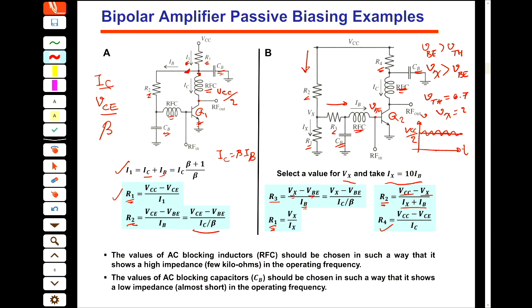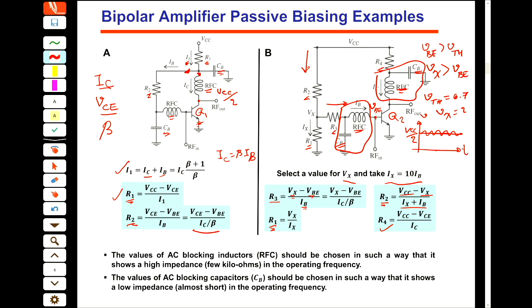I mean, this RF choke and this capacitor do not let the RF signal go to the VCC and then distribute in the rest of your circuit. Again here, the RF in that I apply here and the RF out that I get from here, with the help of this network and this network, is going to get isolated from the DC path.